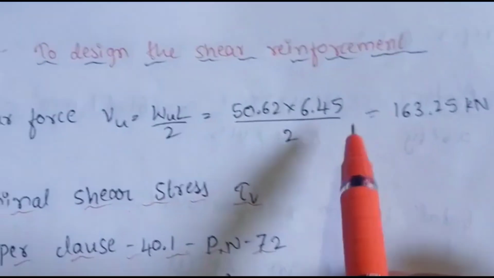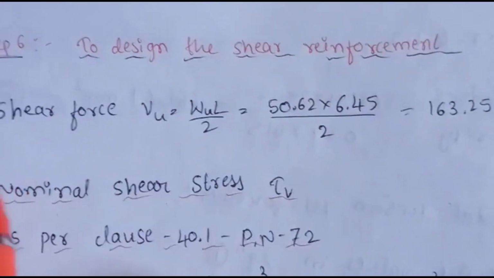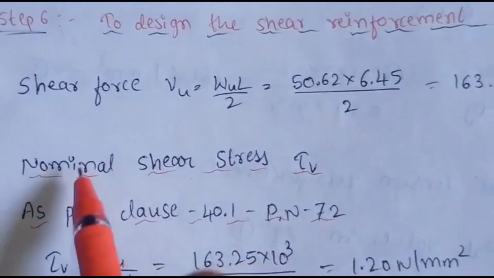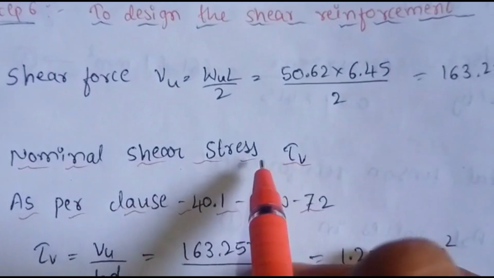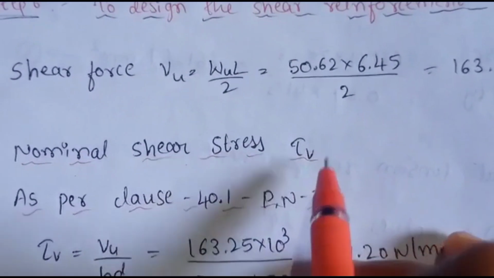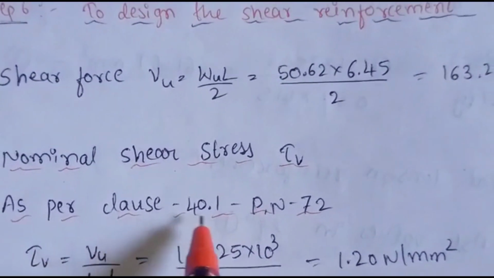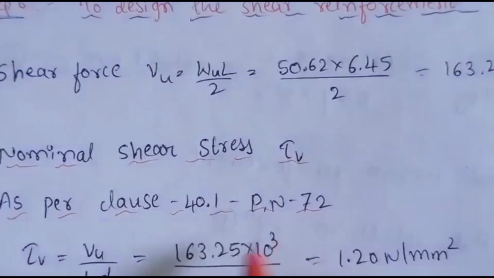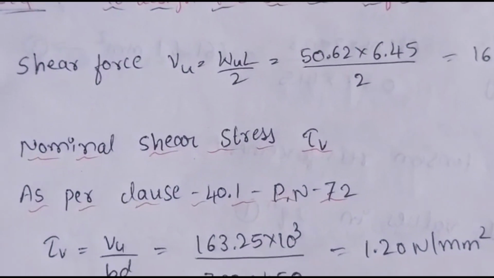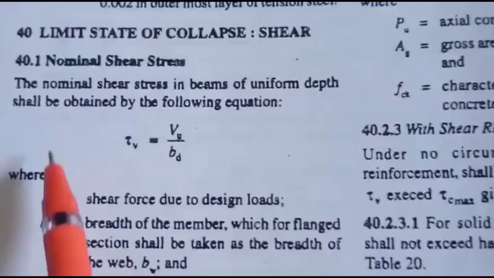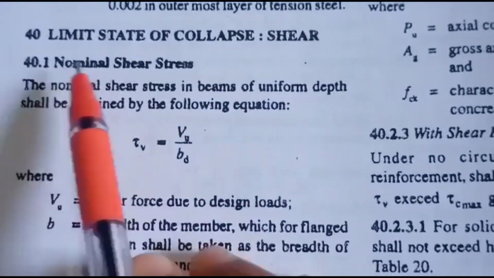After this we'll go for the calculation of nominal shear stress, denoted as tau v. To calculate this, as per clause 40.1, page number 72, let's see what it says. This is page number 72, clause 40.1, nominal shear stress.